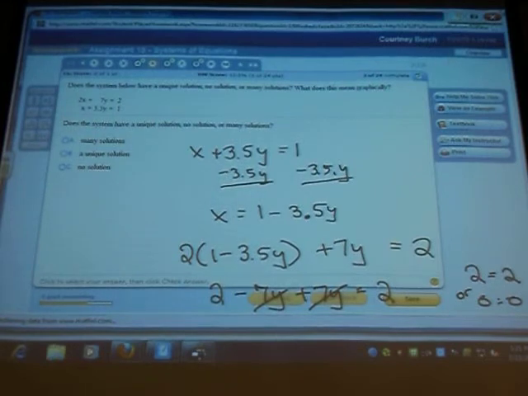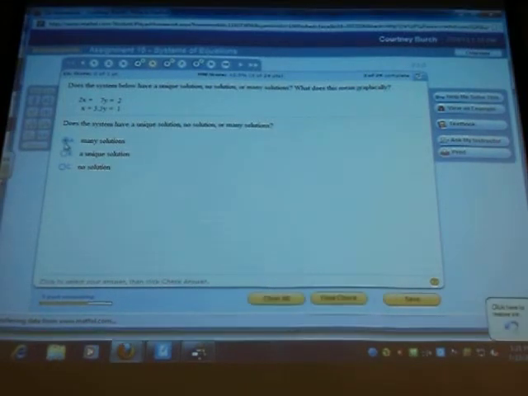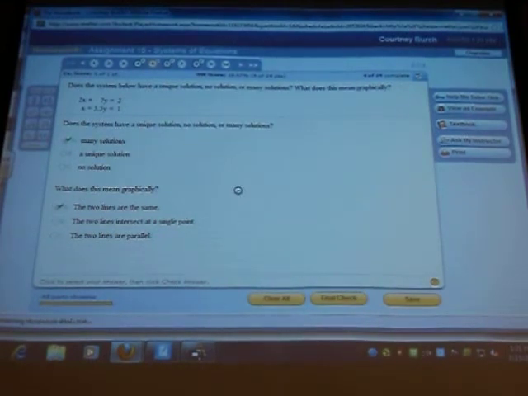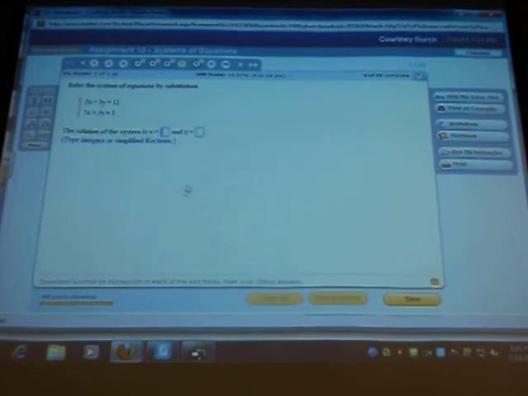So that would be infinitely many solutions. What does it mean graphically? The two lines are the same.